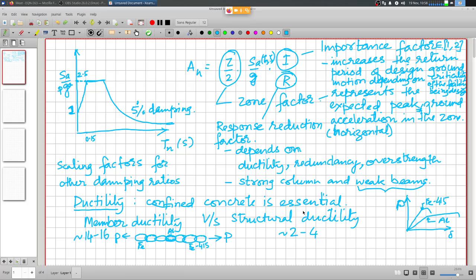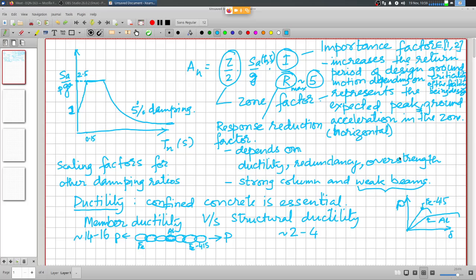And that is why you will find that the largest response reduction factor R is of the order of 5, right? So this is the maximum response reduction factor that you can have, and please note that this maximum response reduction factor takes into account all of these: ductility, redundancy, and overstrength, right?